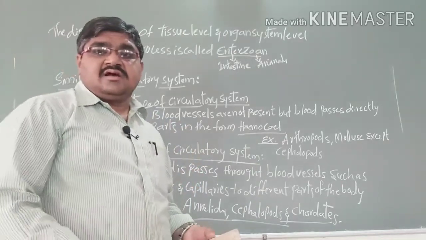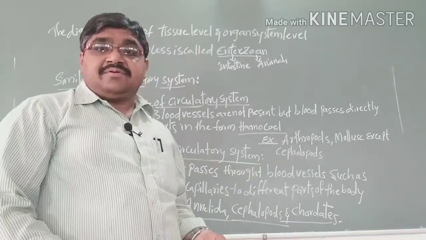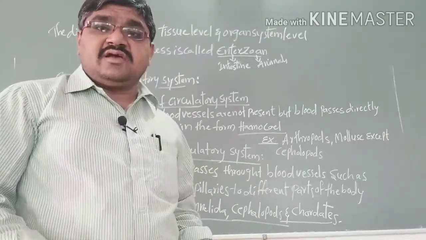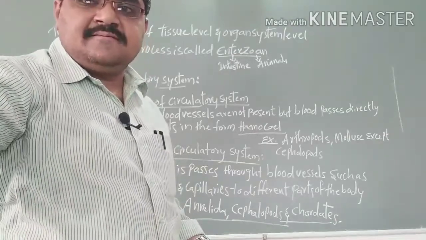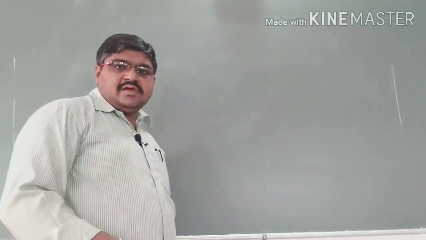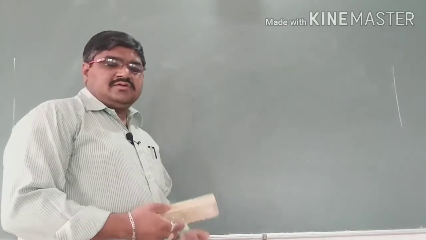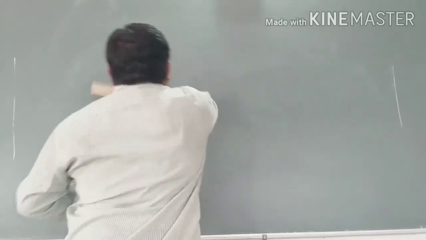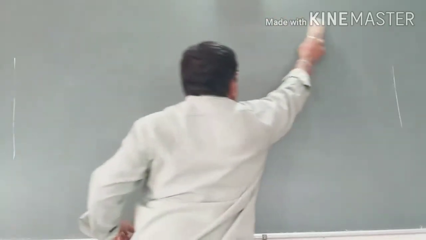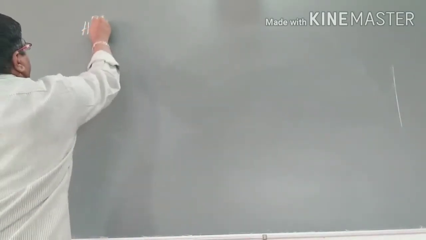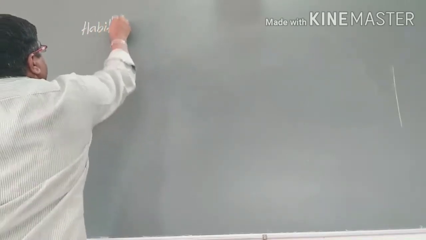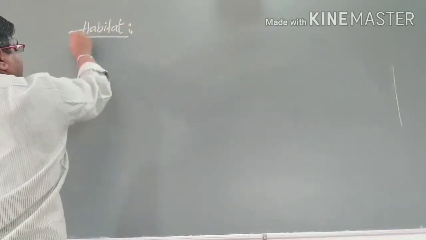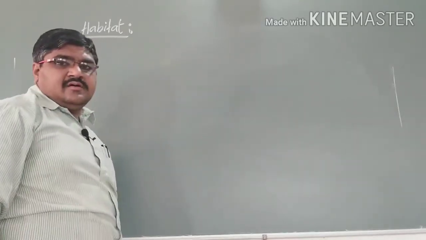And next, coming to the classification based on the presence of habitat, now we will discuss. So the second one is the habitat. What is a habitat? It means the living place of an organism.